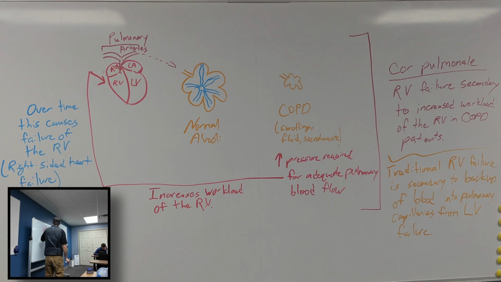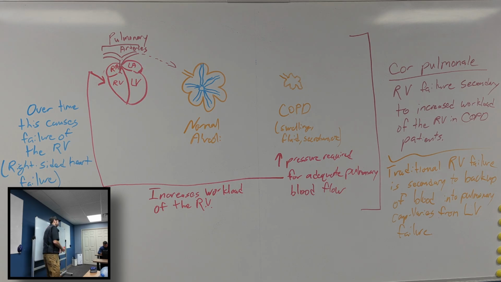Well, now it starts to back up into what? Pulmonary veins, yeah, so it backs up into the left atrium. Once the left atrium gets filled, then it starts backing up into the pulmonary veins. When the pulmonary veins get filled, then it backs up into the capillaries around the alveoli.